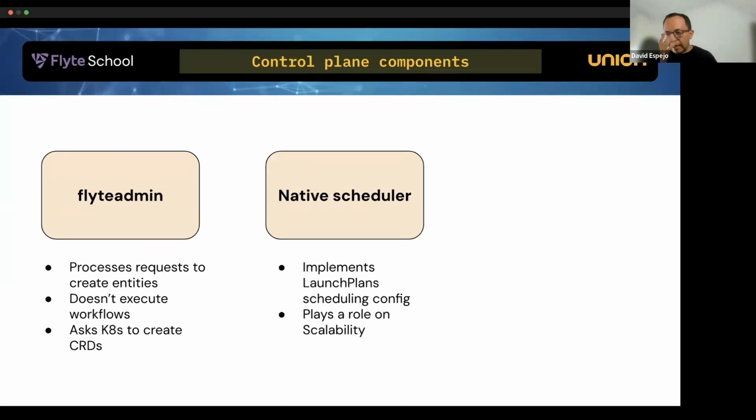The launch plan is basically a definition of the inputs for a set of workflows, and also includes a definition, if you need, of a schedule, especially for batch workflows or workloads that need some kind of cadence and repeated executions. You can include the scheduling config inside a launch plan, right? And the native scheduler plays a major role in scalability, and we will see this in a bit.